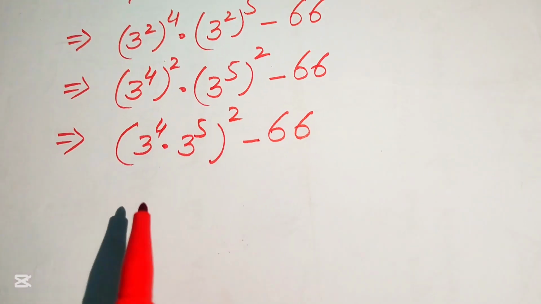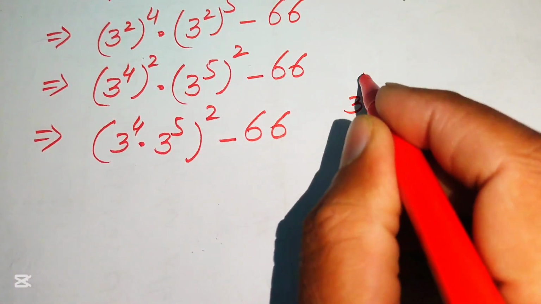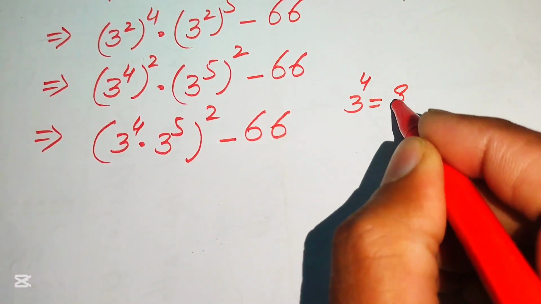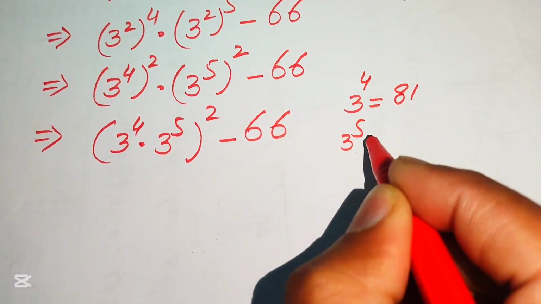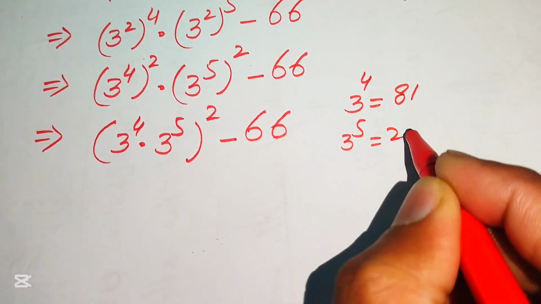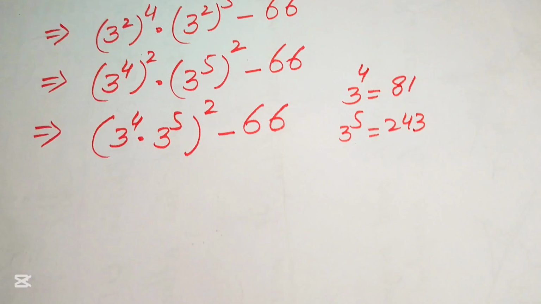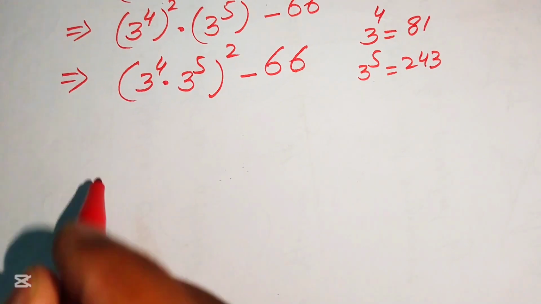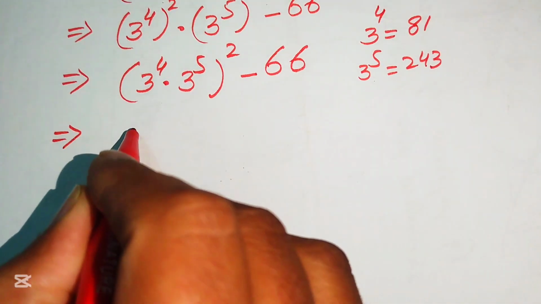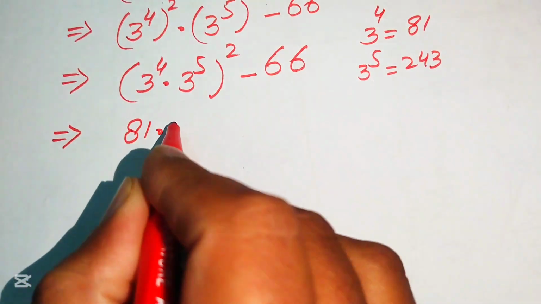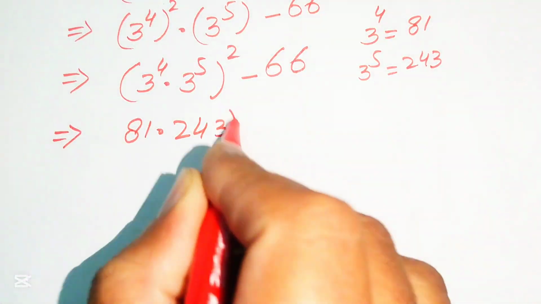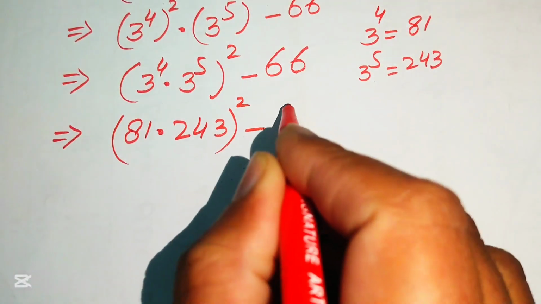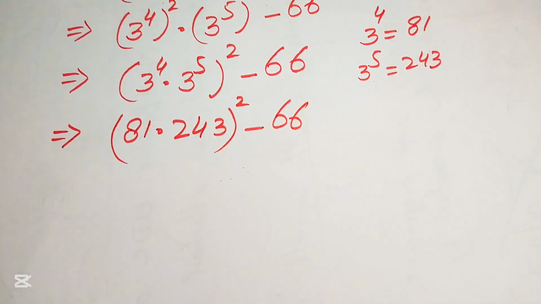Here we know that 3 to the power of 4 equals 81 and 3 to the power of 5 equals 243. So we will replace these two values here. We write it as 3 to the power of 4 becomes 81, 3 to the power of 5 becomes 243 and its whole square minus 66.